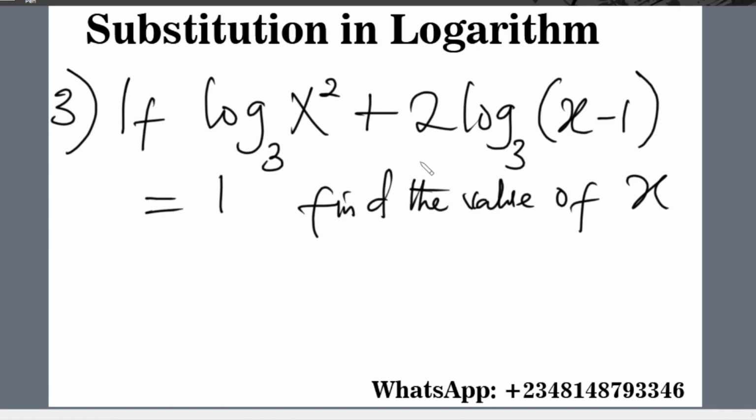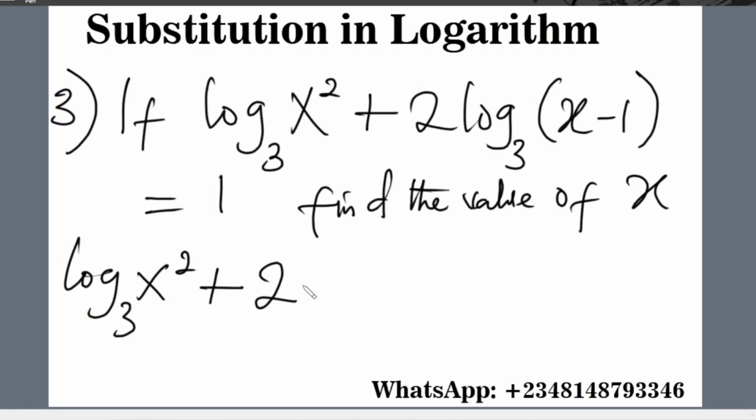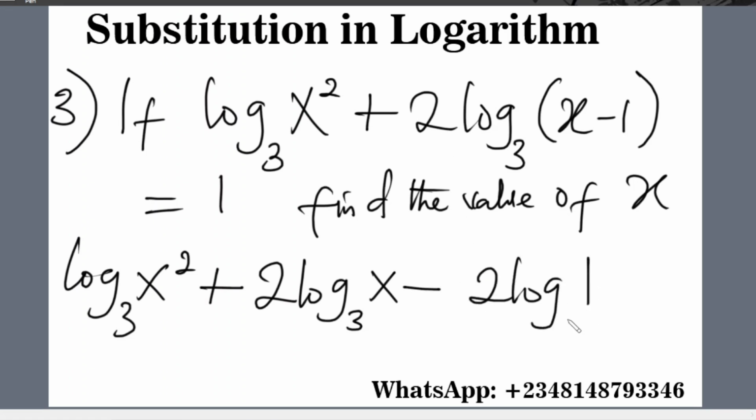Now the first task is to open up the bracket. If we open up the bracket, we would have log x raised to the power 2 to base 3 plus 2 log x to base 3 minus 2 log 1 to base 3 equals 1.